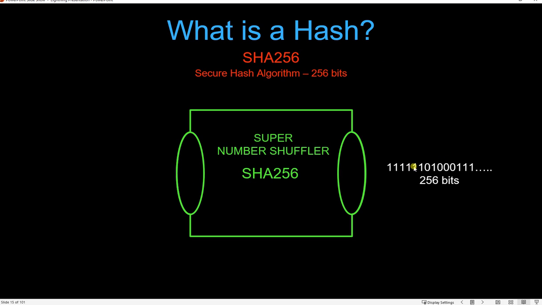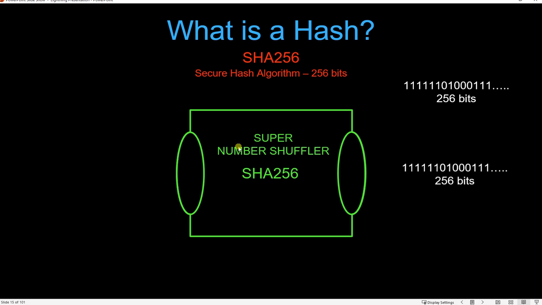Generally it's not written like this. It's written in hex, so usually you'll see some letters in there, A, B, C, D, E, and F, but I'm just showing it as the actual bits. Well, again, just to drive this home, what happens if I put 0 in again? And this is where some people get confused. If I put 0 in again, I'm going to get the exact same output.